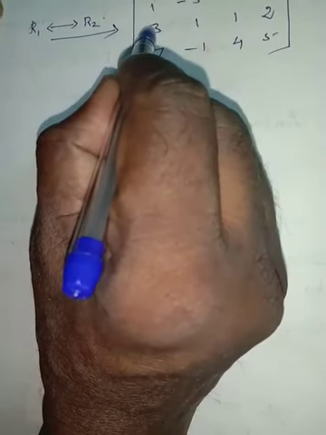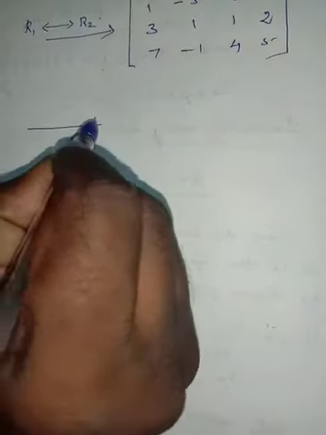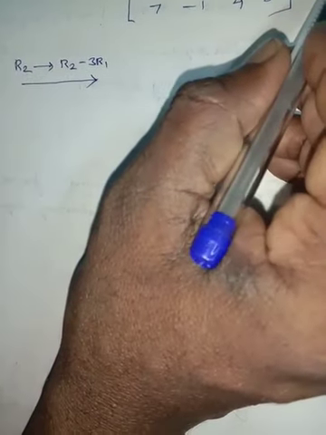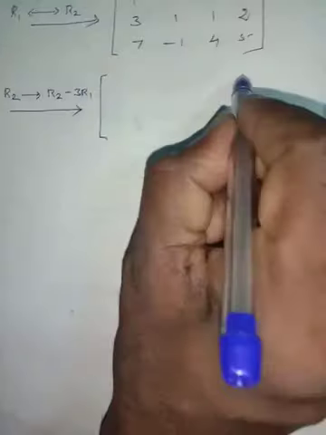Okay. Next A21 should be 0, 3 into 0. The rule is new R2 implies old R2 minus 3 into old R1. Multiply the first row by 3 and subtract. 3 minus 3 is 0.